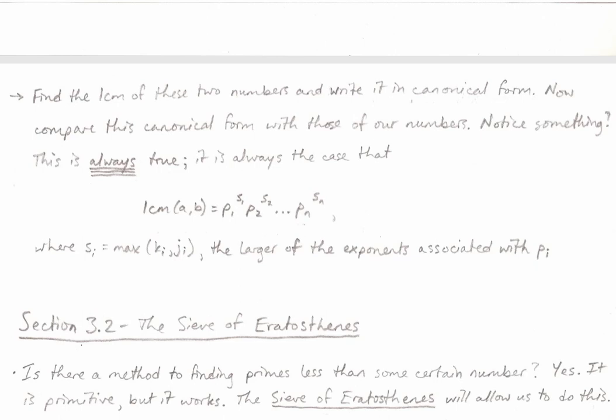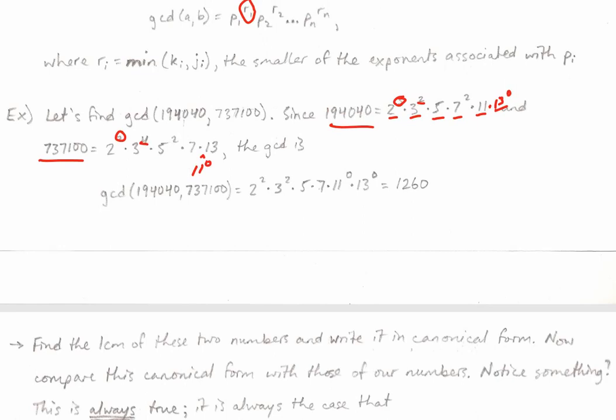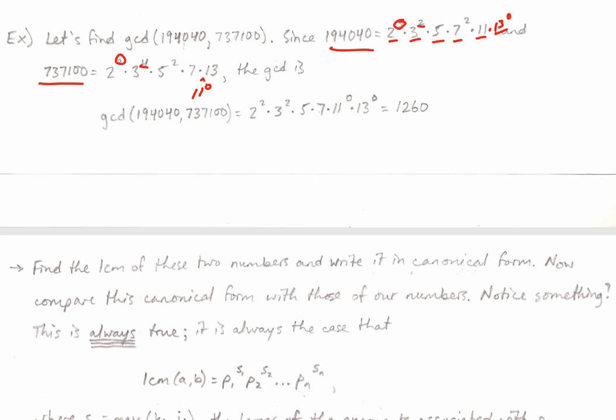But tying in canonical forms, if you were to work with these same 2 numbers here of 194,040 and 737,100, you can find the LCM using that fact. And if you wrote that number in canonical form, and if you compared the canonical form of your LCM with the canonical forms that we found up top here, you should notice a bit of a pattern.